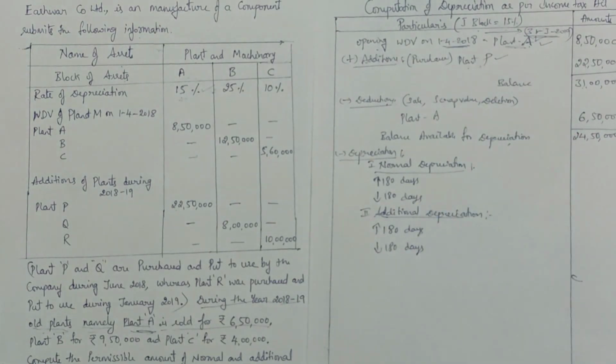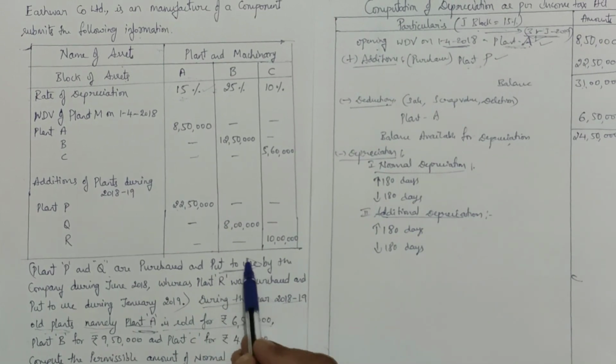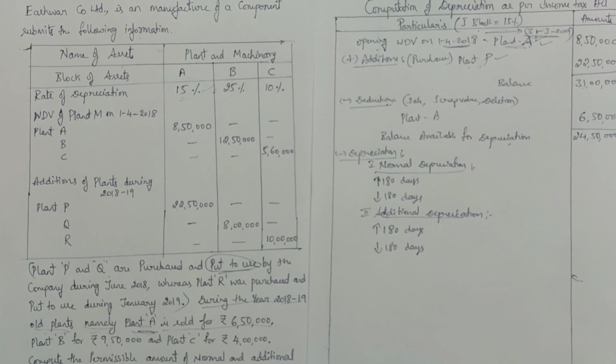So now plant P, when they have put to use, here we need to always check the put to use date. Okay, so here we'll see. Here they are given that first plants P and Q are purchased and put to use. This is very important. Put to use by the company during June 2018.